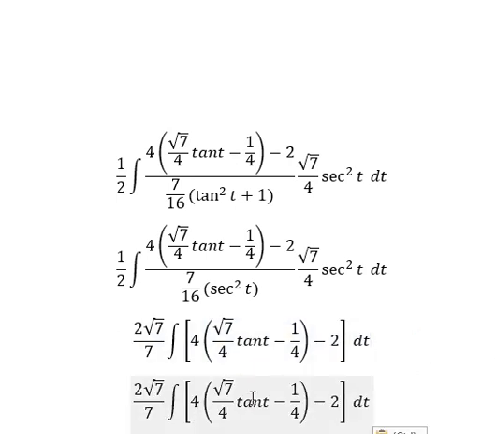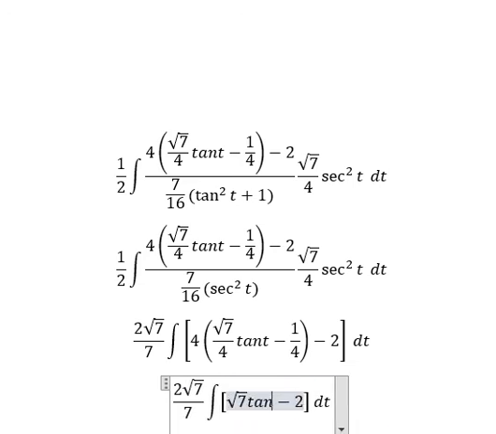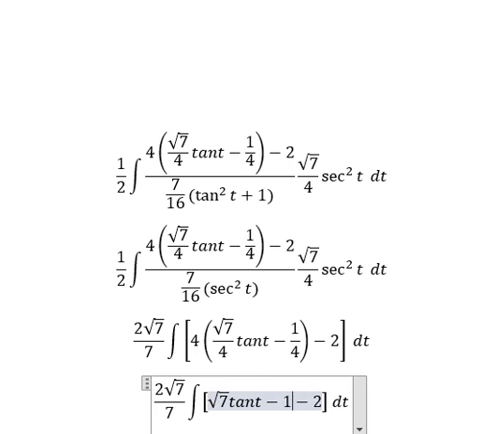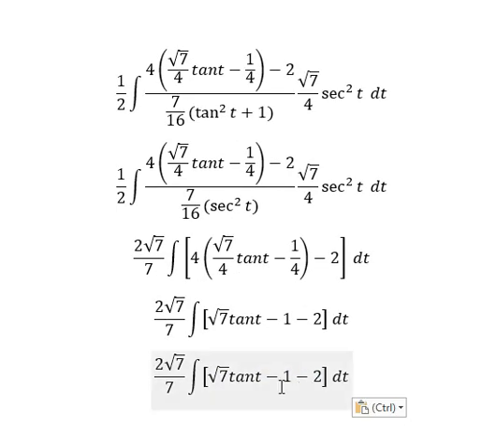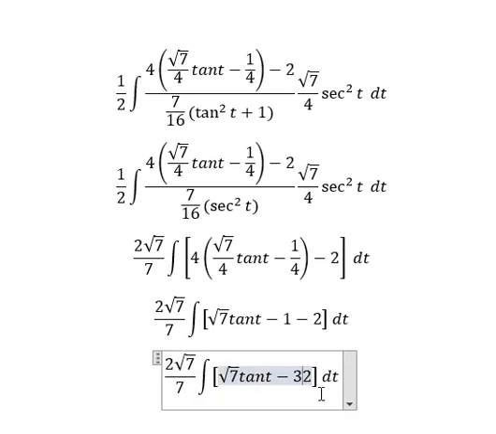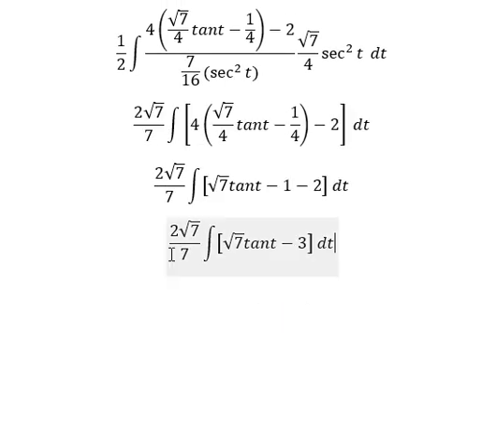So 4 multiplied by this one and this one. This one you get negative 3. And now we got a final answer.